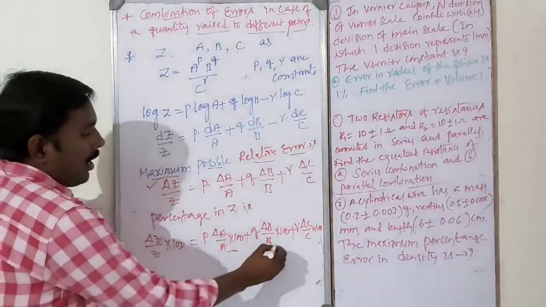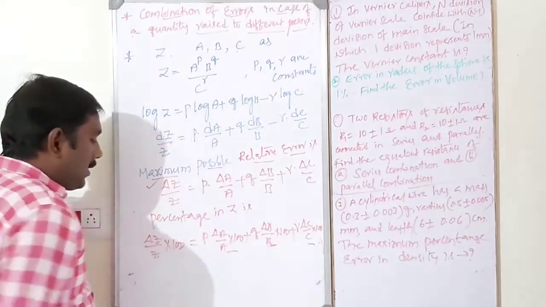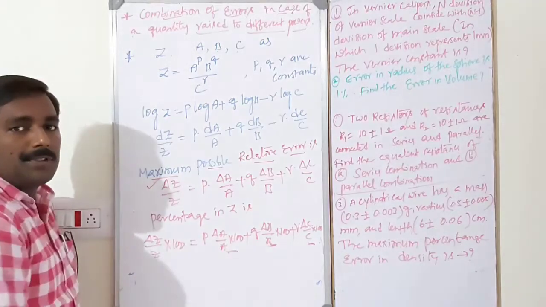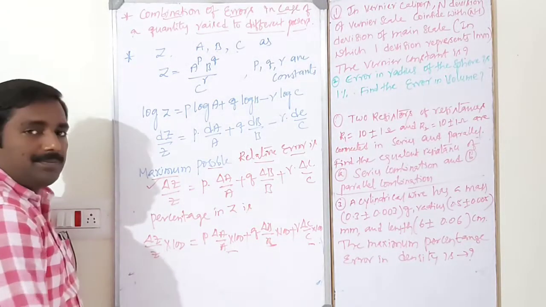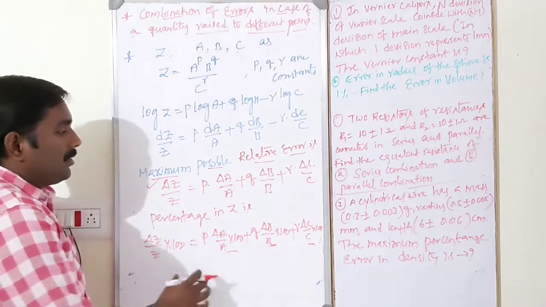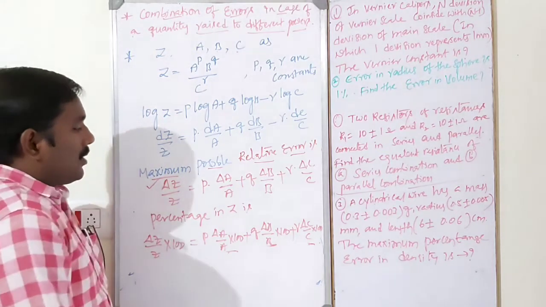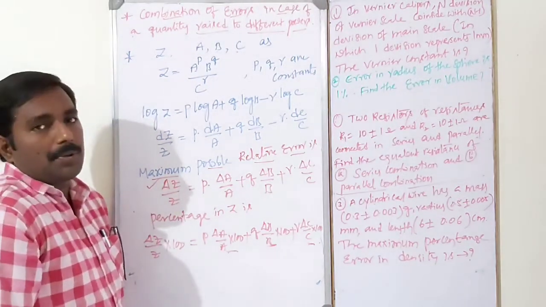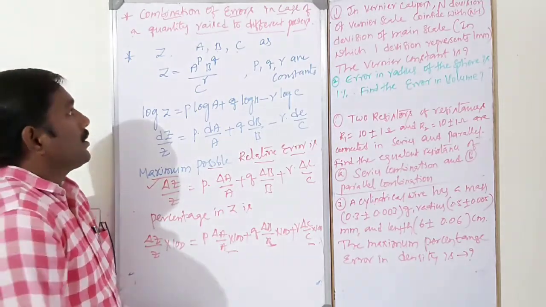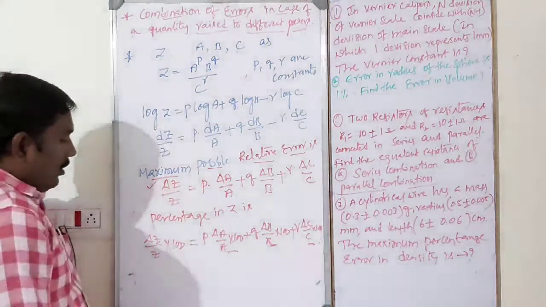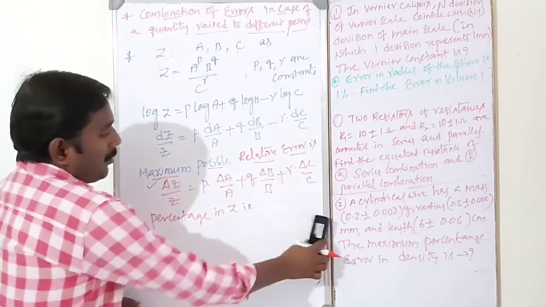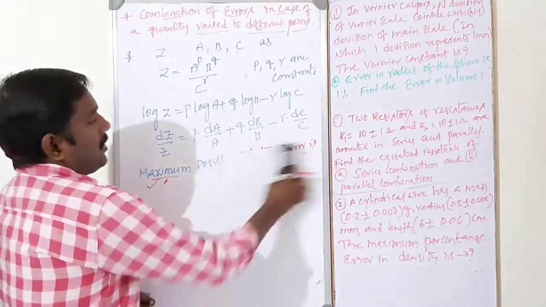So this is the percentage error in physical quantity Z. Okay students, this is very important from the examination point of view. So now we discuss some problems about errors.